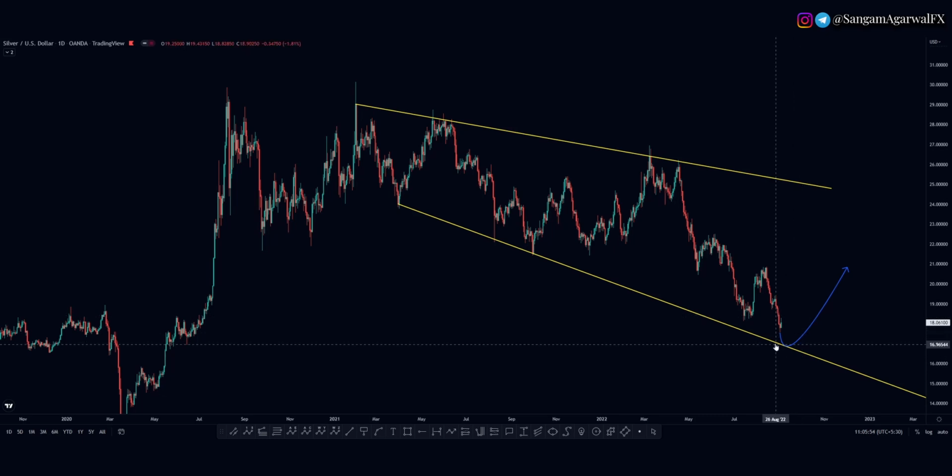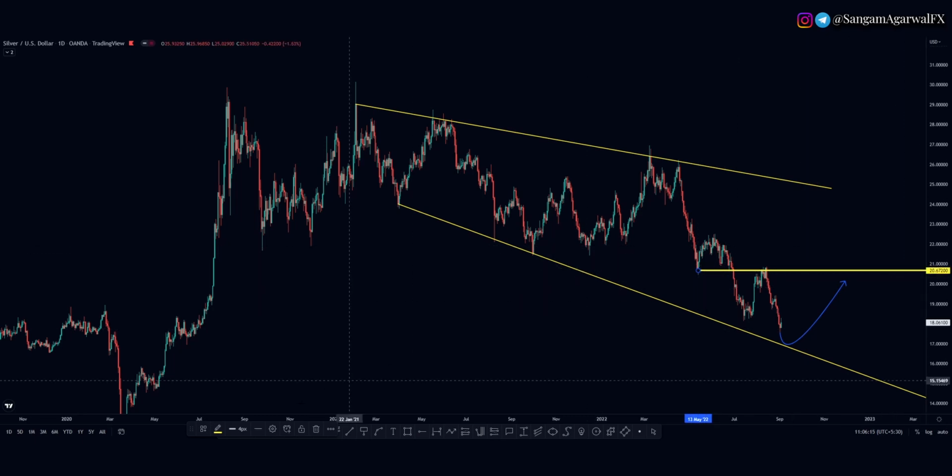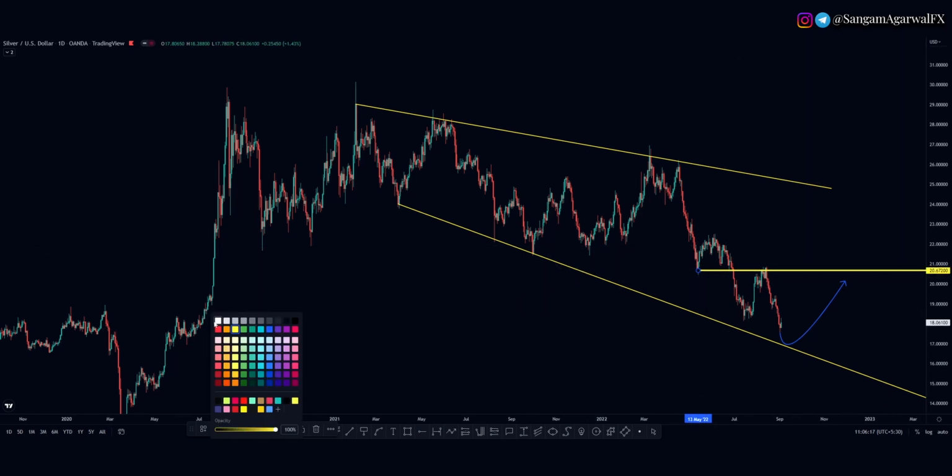But first we have to wait for a test, and this trend line has been tested 3 times, and this will be fourth attempt on candlestick chart. And bullish momentum will start when this $20 price level will break.